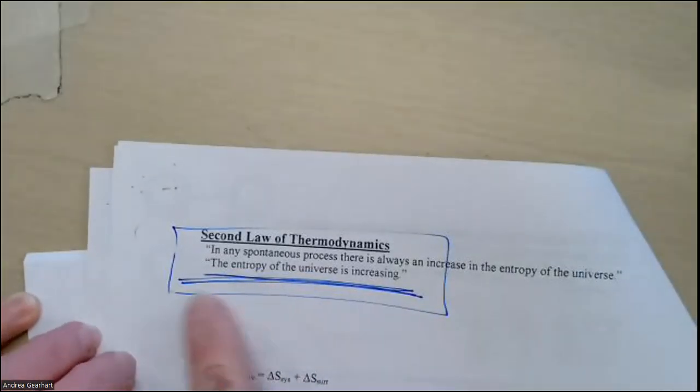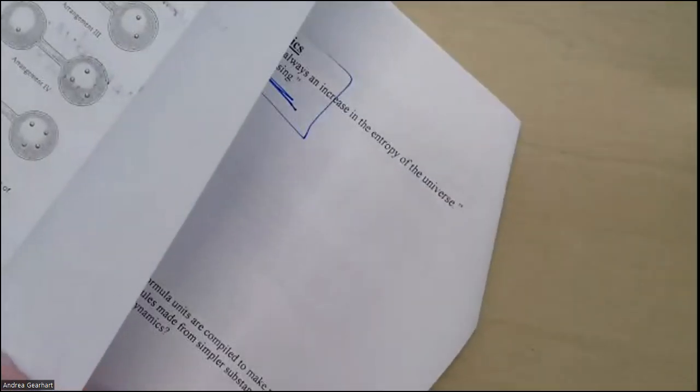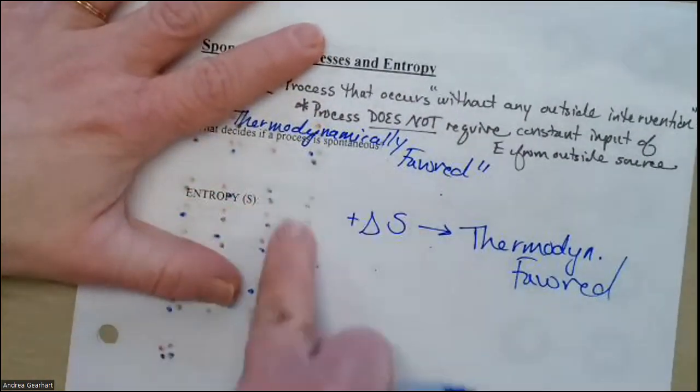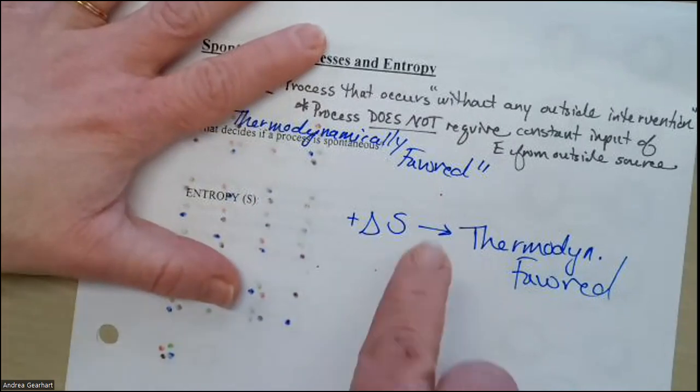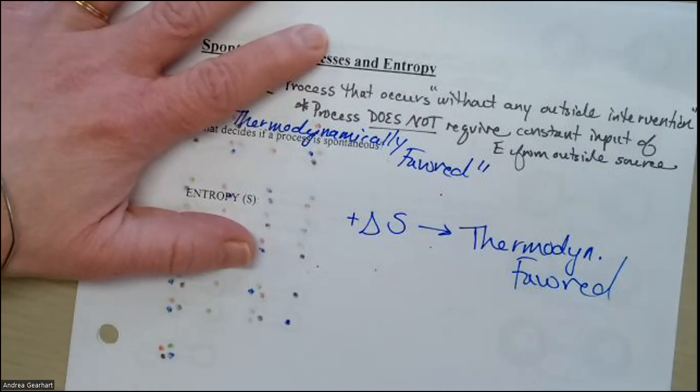So a thermodynamic chemist says, well, that's because nature favors a greater state of dispersion. That is why we say that these processes that increase positional probability are thermodynamically favored.